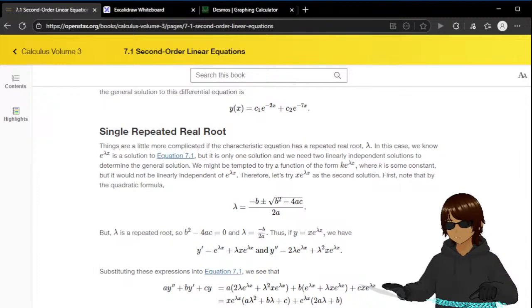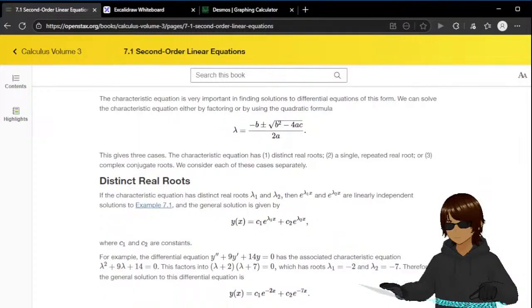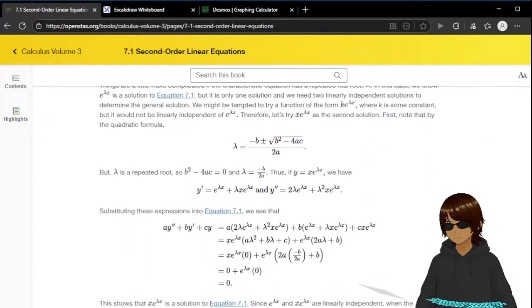First, note by the quadratic formula, we have this. But lambda is a repeated root, so b squared minus 4ac is equal to 0.